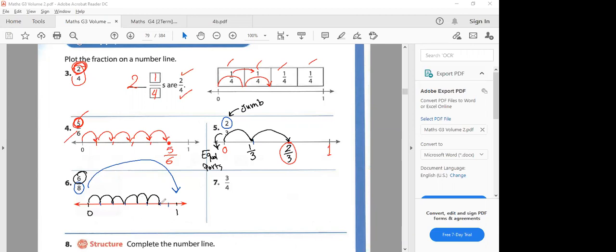So the number will be exactly here, right? Yes. It will be 6 over 8. We're going to find it here. Ahmed, did you get it now? Of course I did. Thank you, Mister. Okay, thank you so much, Ahmed.